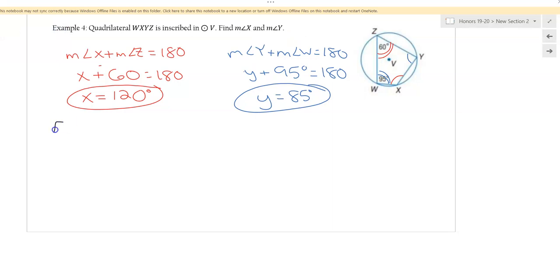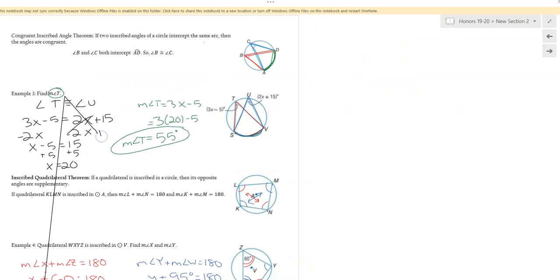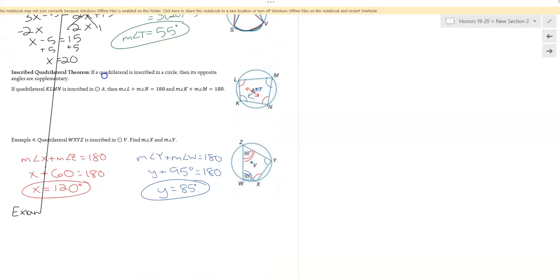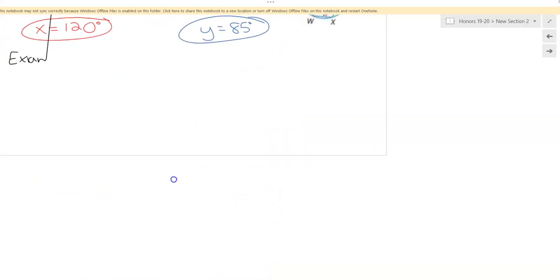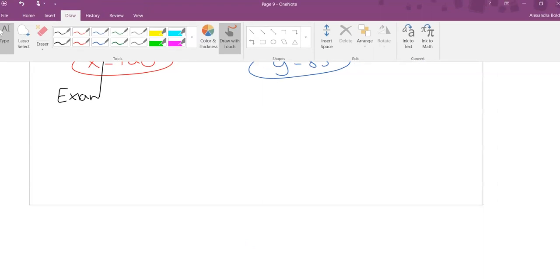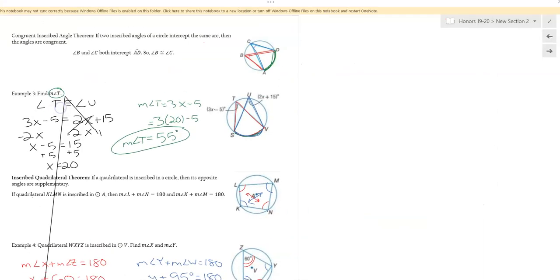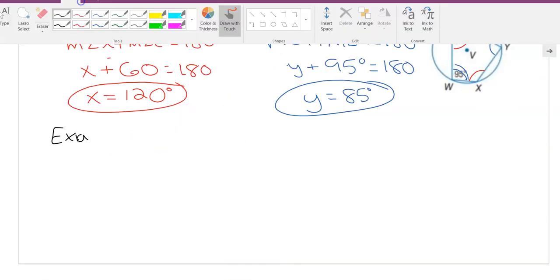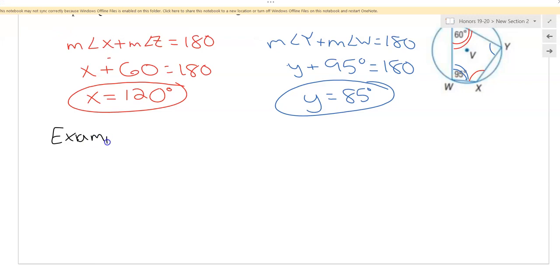Okay, there's one other type of question that I thought I had on here, but it's not. So I'm going to quickly draw one in. This board stops jumping around. So I'll call it example 6.